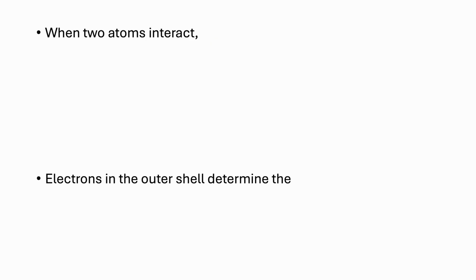So when two atoms interact, their electron shells overlap. This is kind of how bonding occurs. When those electron shells combine together in the air, those shells overlap, okay?